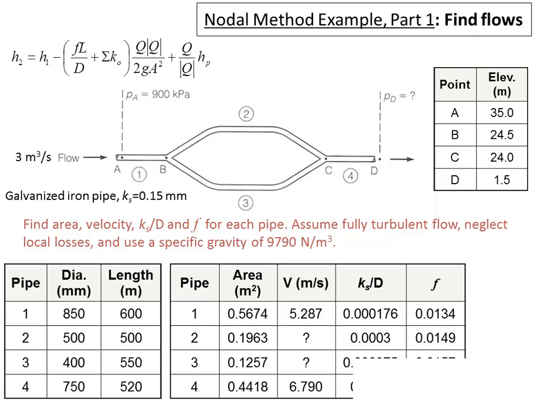All right, so here's what you need to do. First of all, assume fully turbulent flow. Once you've assumed fully turbulent flow, that allows you to find f2 and f3.